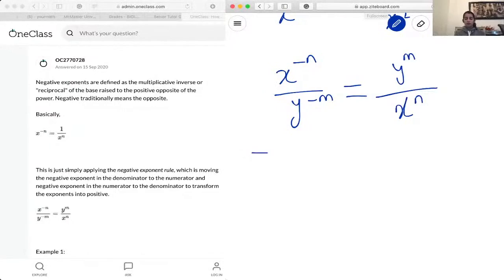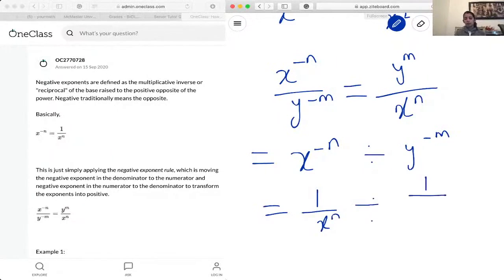If you want to break this down, you have x to the power of negative n being divided by y to the power of negative m. This becomes 1 over x to the power of n being divided by 1 over y to the power of negative m.